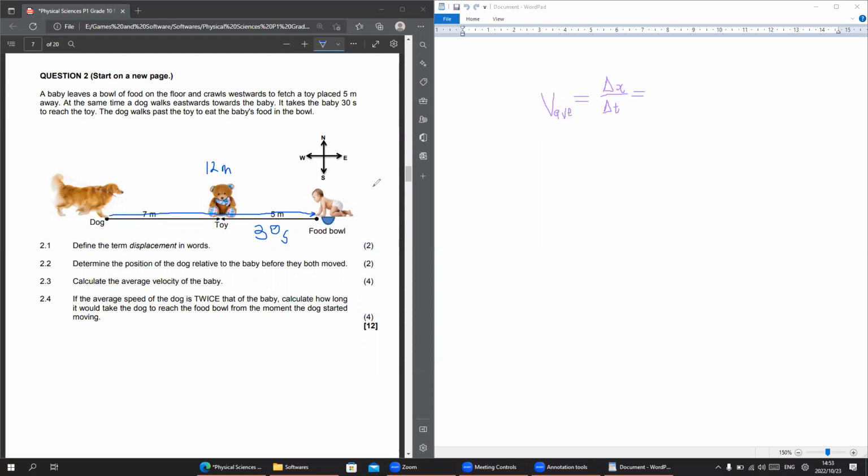So in this case, the baby is gonna sort of crawl 5 meters, and that means your displacement is gonna be 5. If you want to use the initial and final equation, you can say your displacement is gonna be 5 minus 0, but it's really not that necessary in this particular case. And the time it takes is 30 seconds.